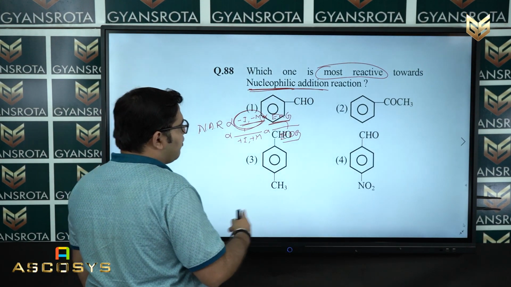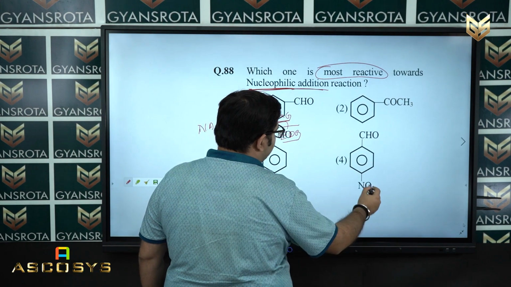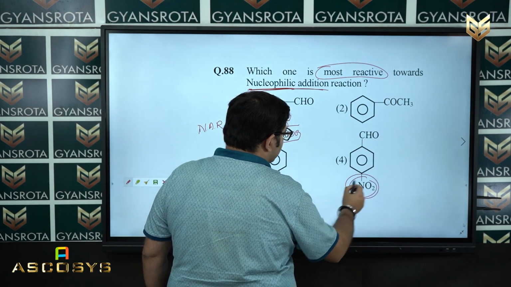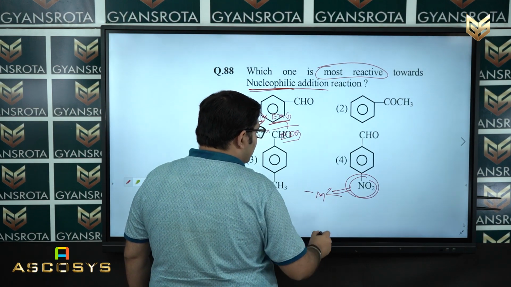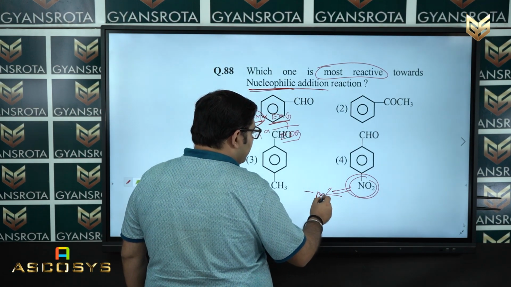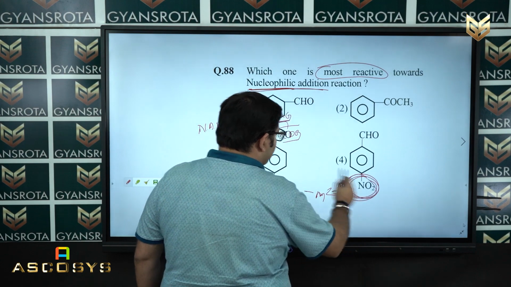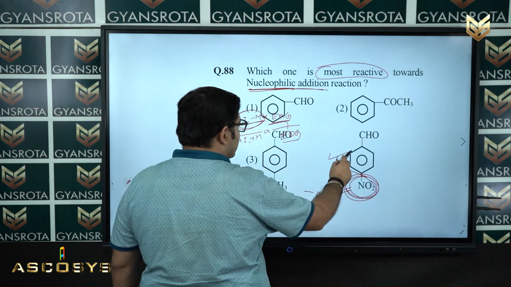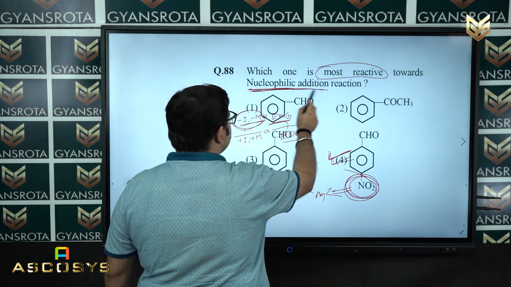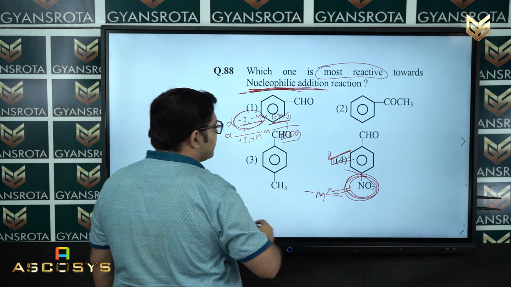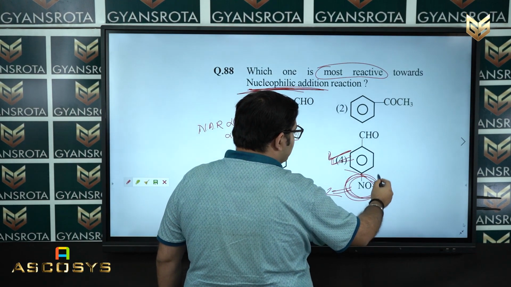Now, among all the options, only one option, NO2, has a highly minus M character, or you can say it is the most electron withdrawing group. As a result, option number 4 will be the most reactive towards the nucleophilic addition reaction. What will happen when NO2 is there?